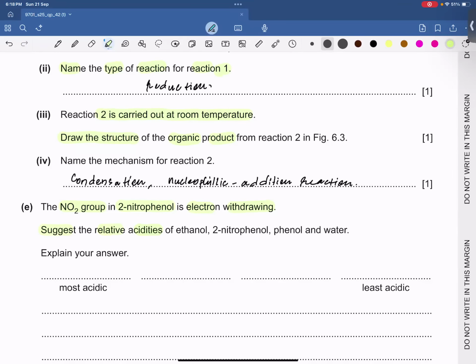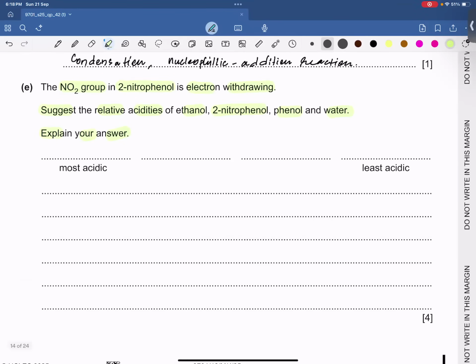Suggest the relative acidities of ethanol, 2-nitrophenol, phenol, and water. Explain your answer. Most acidic is 2-nitrophenol. Then phenol, because phenol is a weak acid.